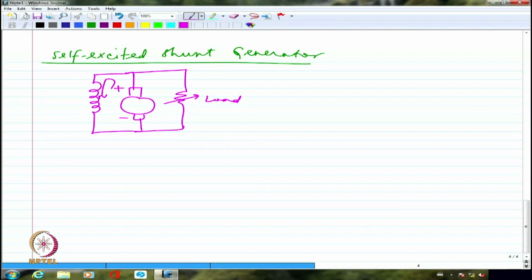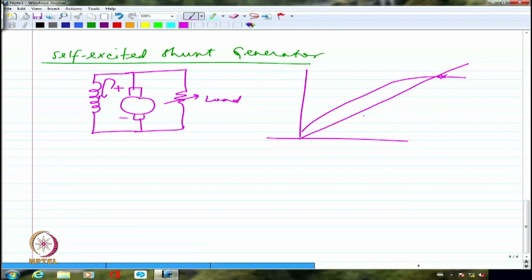So the flux cannot go beyond a particular value, and then you will see that the voltage builds up, but it reaches some value which is dictated by where Vf equals Eg equals If Rf. This is If, this is Eg. Let me say Eg1.